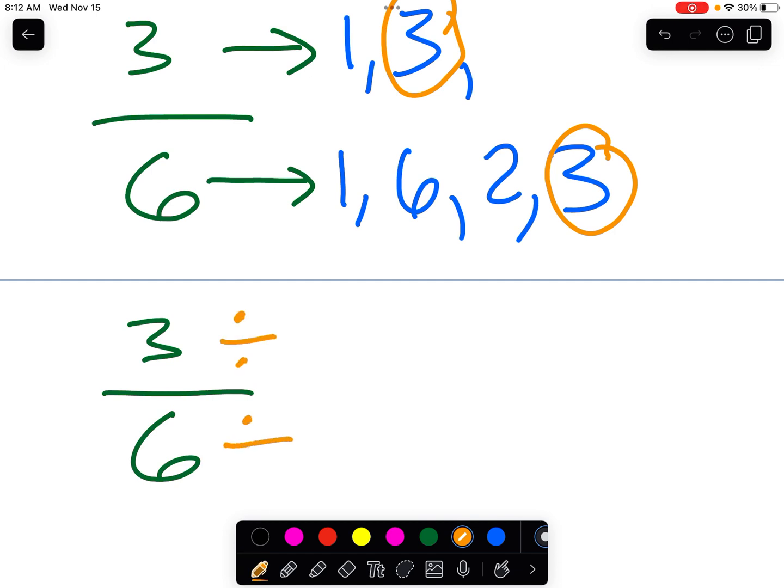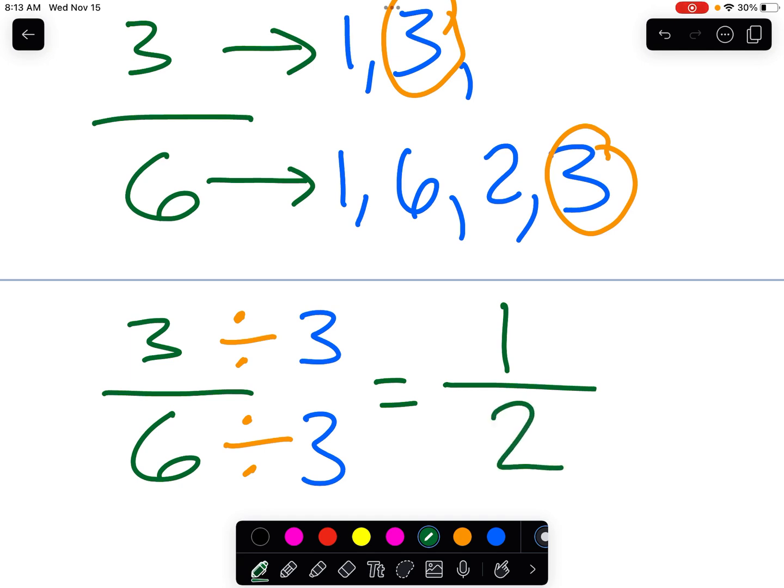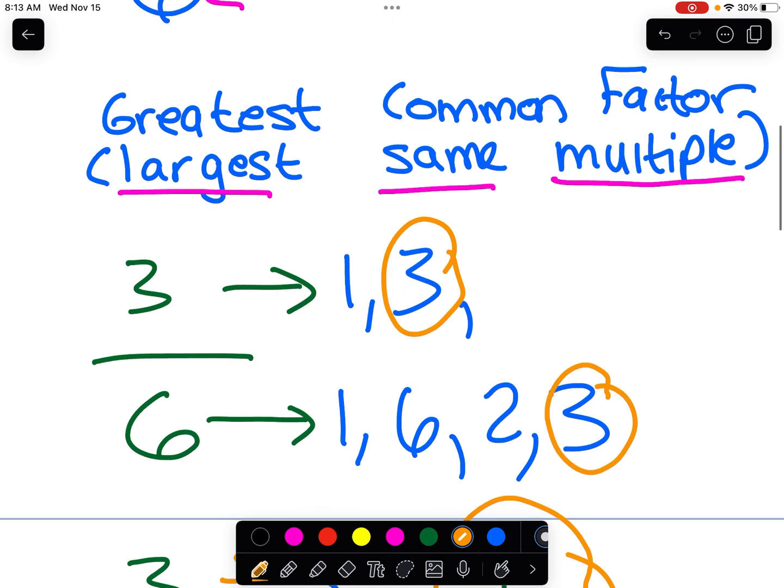These have to be the same number. 3 divided by 3 is 1, because any whole number divided by itself is 1. And 6 divided by 3 is 2. There, we've got it. We've got a reduced fraction, 1/2.